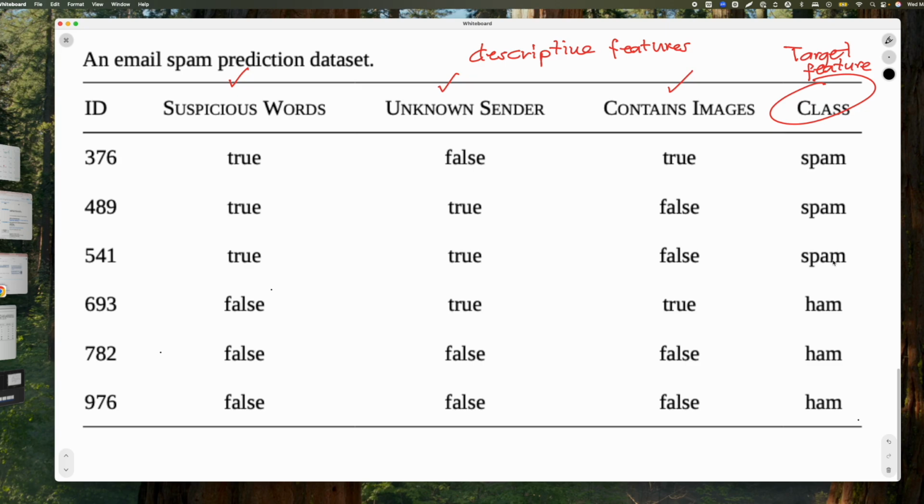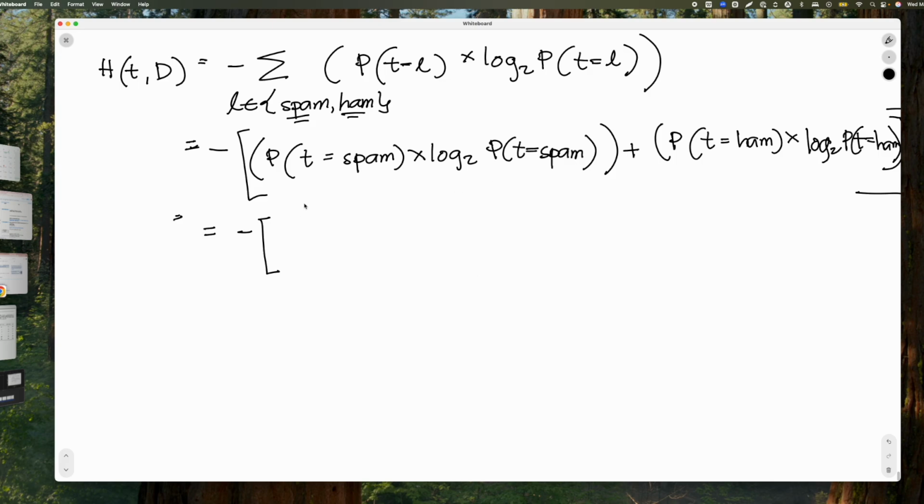The probability of getting a spam and probability of getting a ham is also 3 over 6. So we have 3 over 6 times log of base 2, 3 over 6, and we know that this also has 3 over 6, so we just put outside times 2.